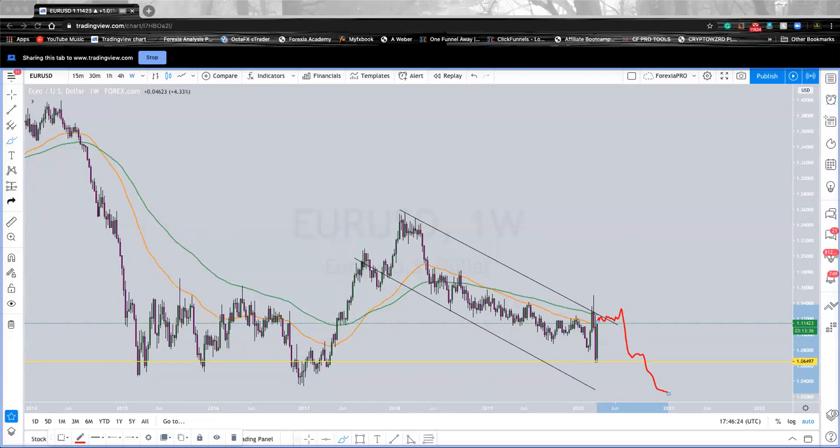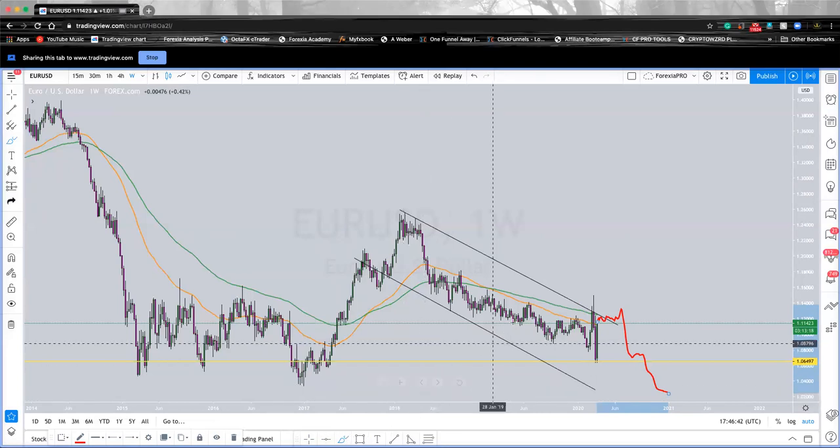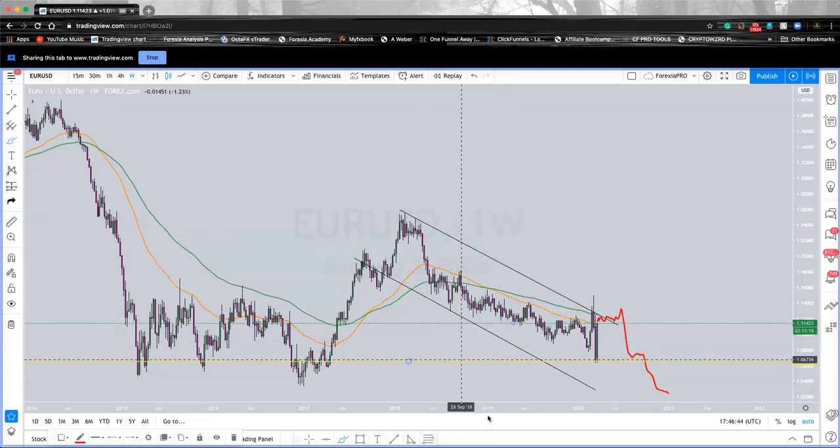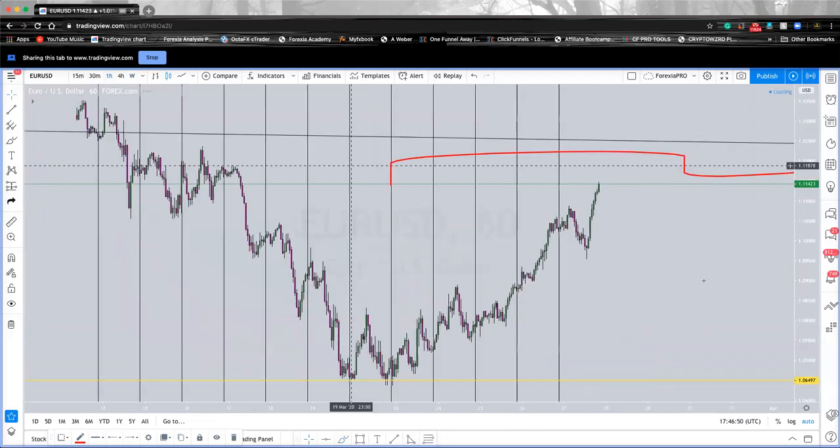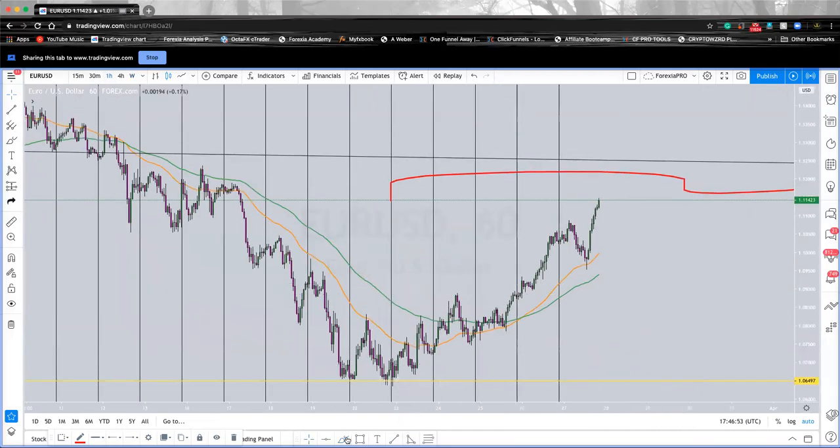Once the sellers' trap is over, then we can enter buy. That's correct. Once you see, well, you can't really see that the trap is over. You're just going to give it time. In order for a trap to form, it takes time. You want to see a zone that retail traders respect for a good amount of time, and then they fail to break it, and also it's not giving them profit.